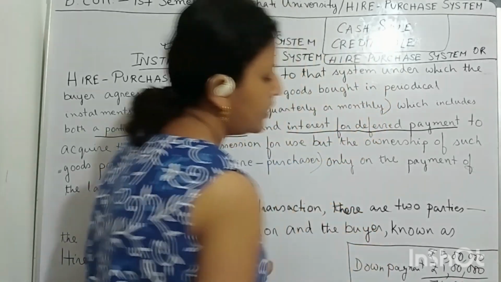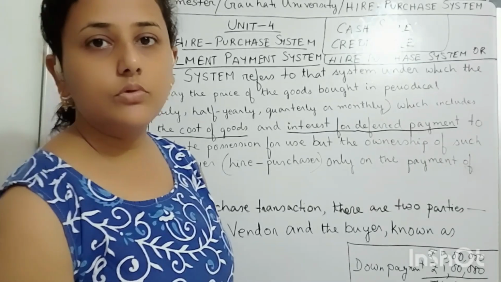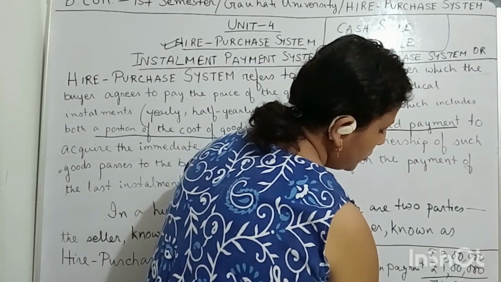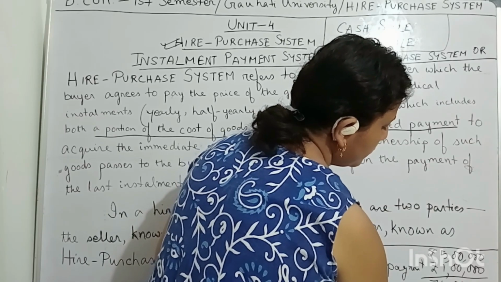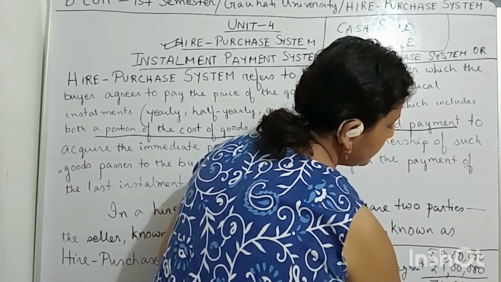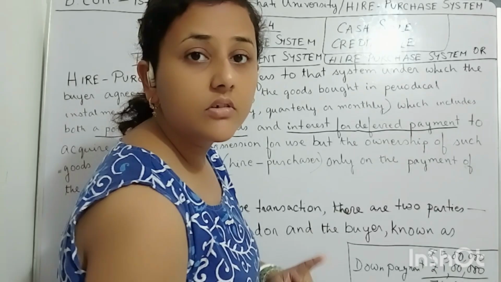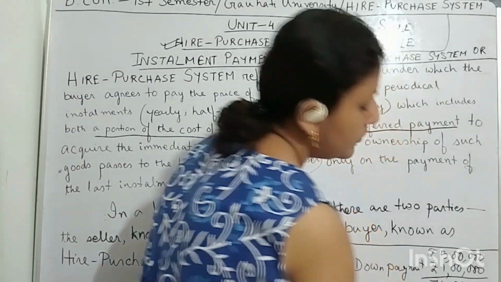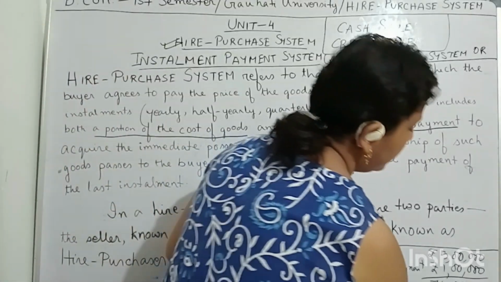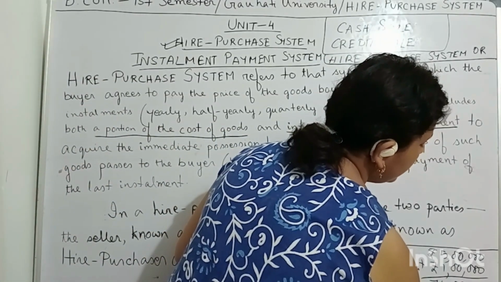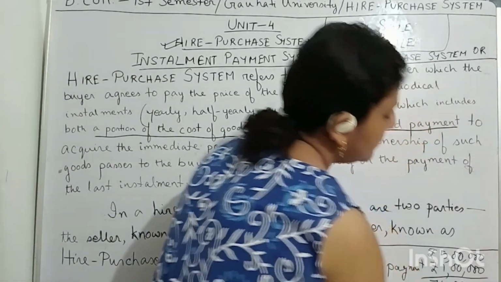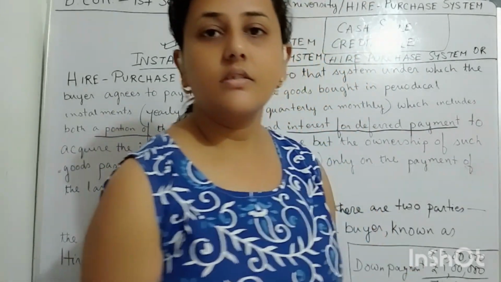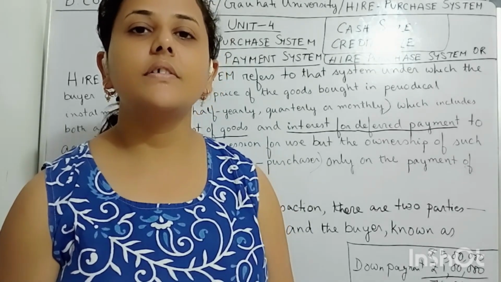This 4 lakh will be paid in 4 installments, suppose, on a yearly basis, at the rate of 10% per annum. So here 10% is the interest that will be paid by the buyer to the seller.